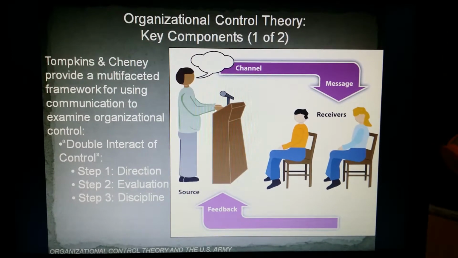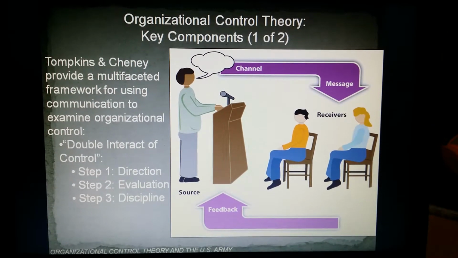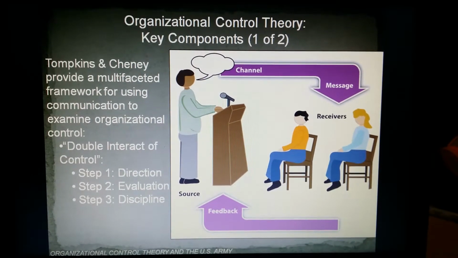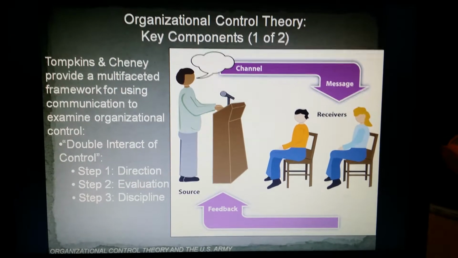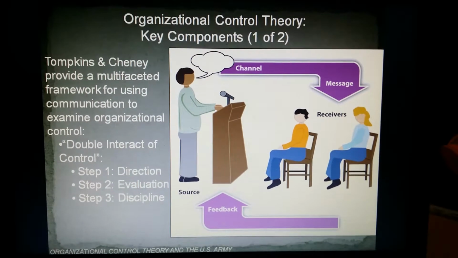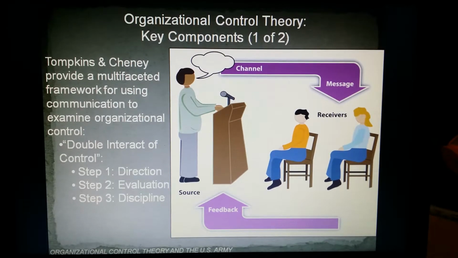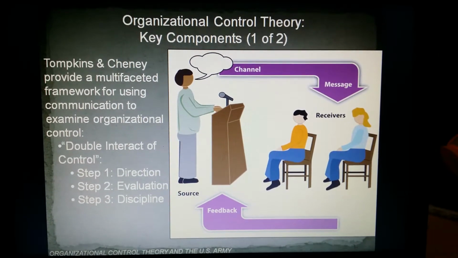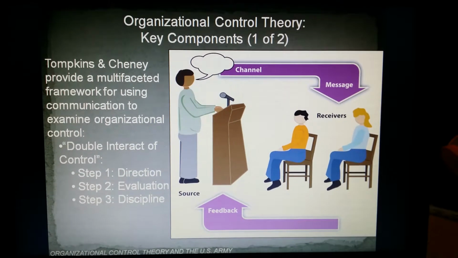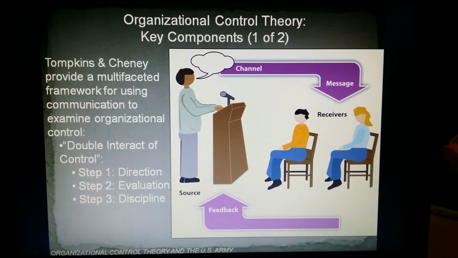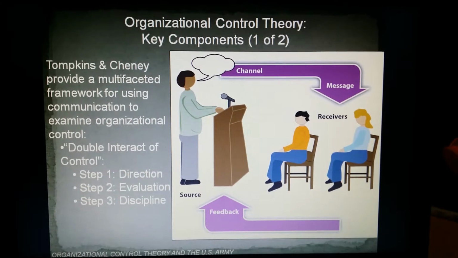Within the Army, this process happens on a daily basis all across the force. All leaders give guidance and direction to their subordinates, whether it's the Chief of Staff of the Army as the highest-ranking general, or a lowly lieutenant or sergeant. The leader must then evaluate the process and the response or responses given by the subordinate.